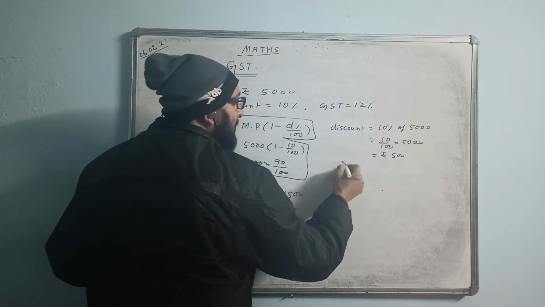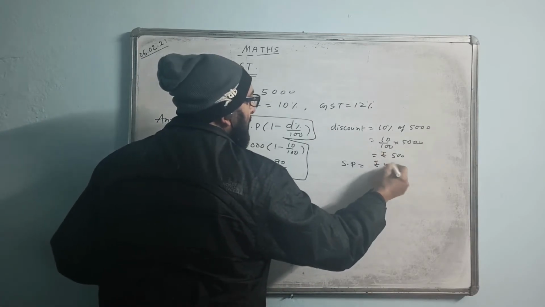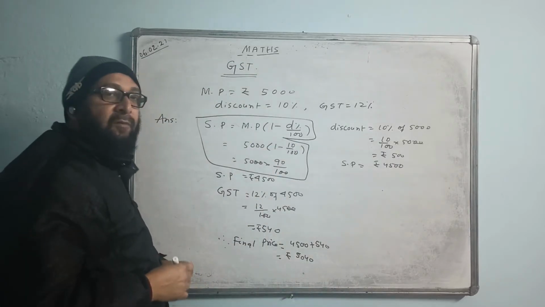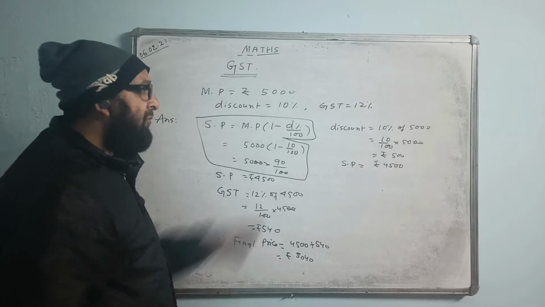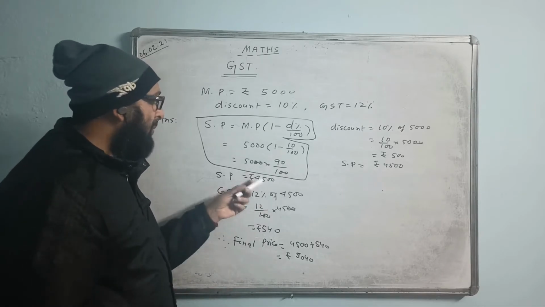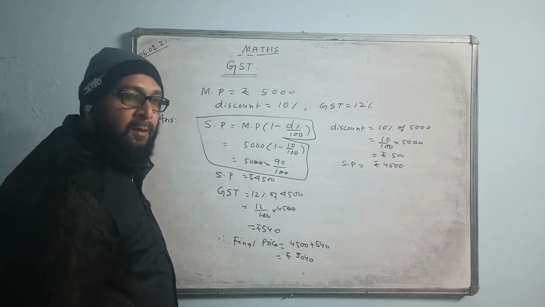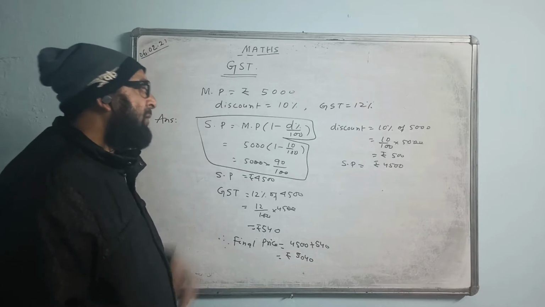What is the sale price? 5,000 minus 500. What is the answer? 4,500. So how much is the price after getting the discount? 4,500. That is the same answer. Yes or no? Which method will you use here, the first one or the second one?